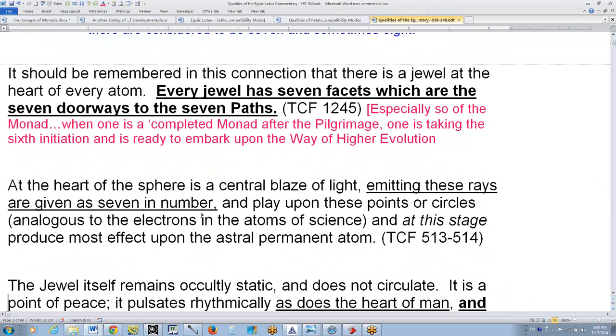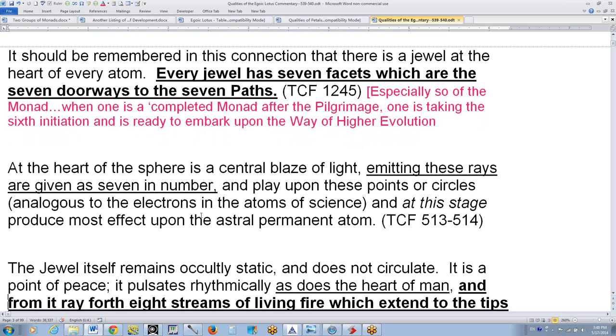And here are some different quotations that I've brought together which pertain to this. At the heart of the sphere is a central blaze of light emitting these rays, which are given, I guess, as 7 in number, and play upon these points or circles analogous to electrons in the atoms of science, and at this stage produce most effect upon the astral permanent atom, emitting these rays.